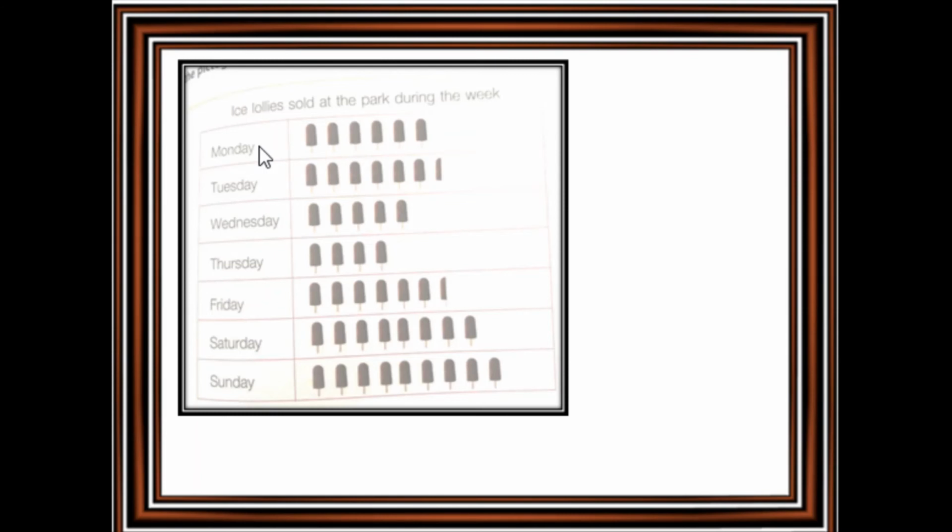So she had Monday for the first column, Tuesday, Wednesday, Thursday, Friday, Saturday, and Sunday. And these are the ice lollies she had sold. Remember, one ice lolly, one like this, one stick, is equal to 6 ice lollies. So each of these icons represents 6 ice lollies in a day.